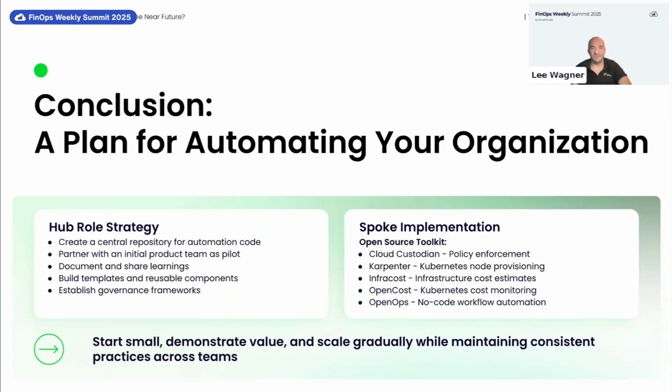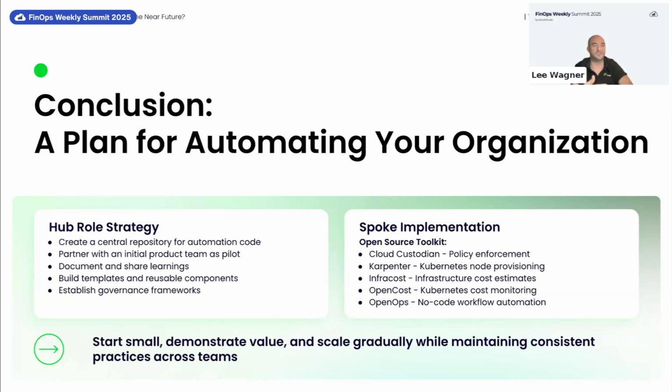We would also recommend a hub and spoke model for rolling this out. So you create a central team. Those in FinOps know and understand this, but definitely create a central hub where you can have the repository for your automations, your code, or your best practices, and then create a partner team as a pilot spoke, and that team can then prove out the value with you.